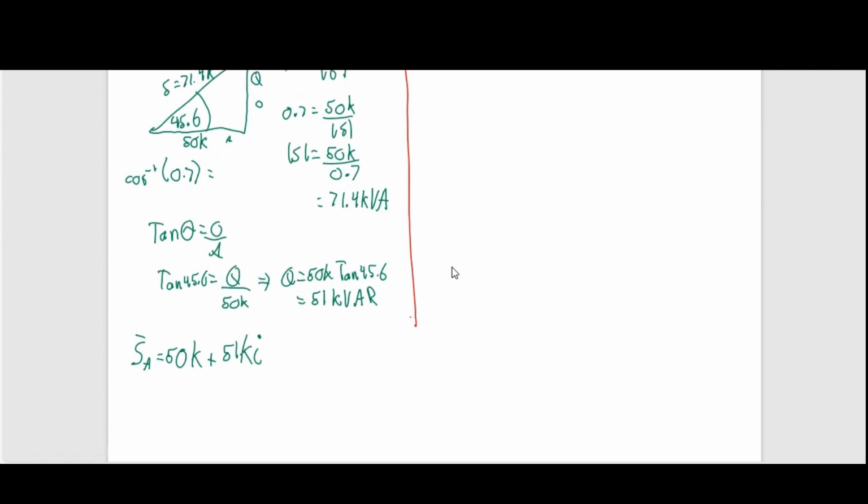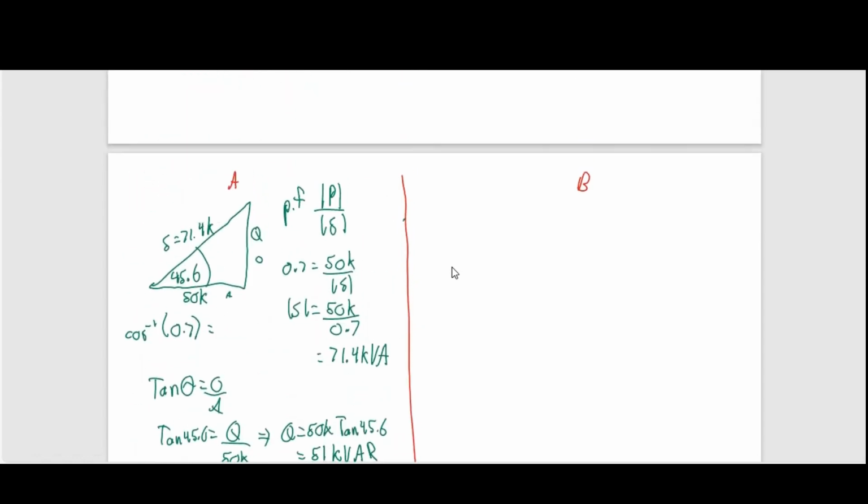So let's plug everything in. So that ends up being 71.4K is equal to 50K plus 51K. If that confuses anybody, S is equal to P plus jQ. That is what I'm using, right? So that is what I get from A.